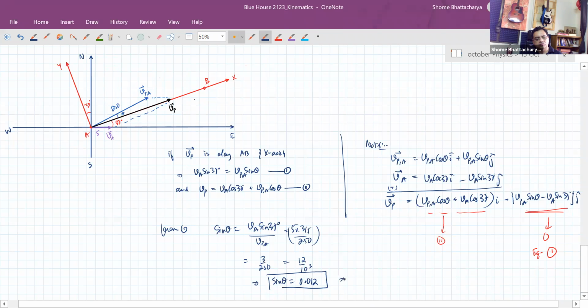We can say that theta is approximately 0.012 radians. This is the idea that for a small angle, sine theta is approximately theta and cos theta is approximately 1.